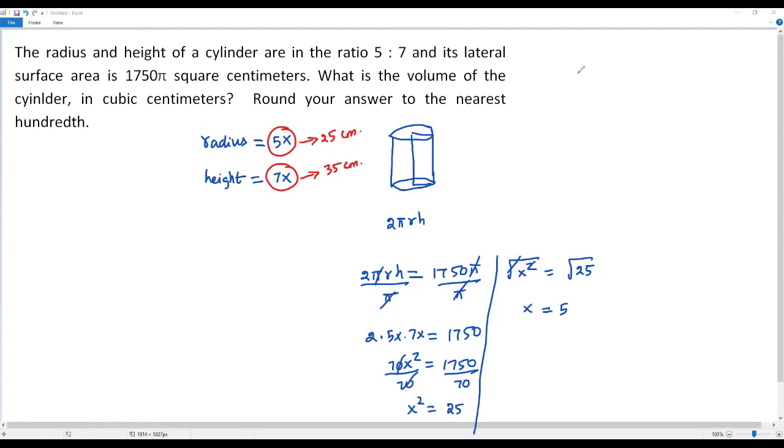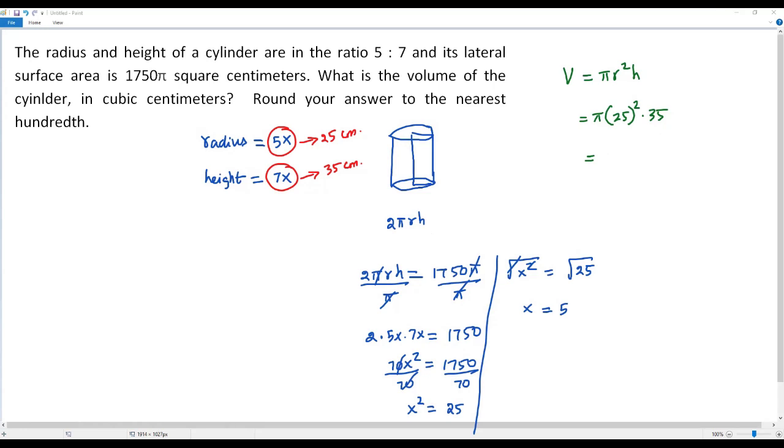Let's use the formula pi r squared times h to get the volume of the cylinder. And pi times the radius 25, that is 25 squared, times the height 35. Now let me evaluate the value of this expression using a calculator, or we can use Desmos.